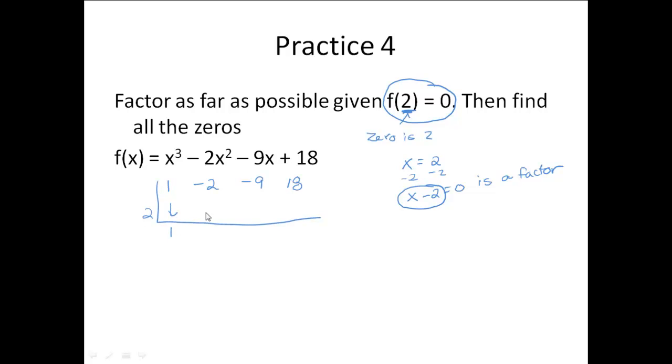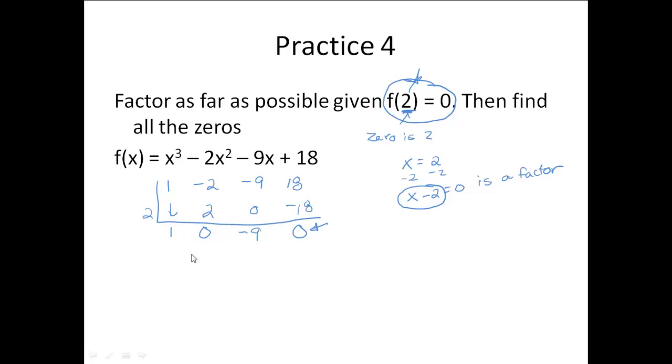So bring the 1 straight down. 2 times 1 is 2. Add that to -2 and we get 0. 2 times 0 is 0. Add that to the -9 and then multiply by 2 again. And see how we got our remainder of 0? That fits with what this piece of information was telling us.